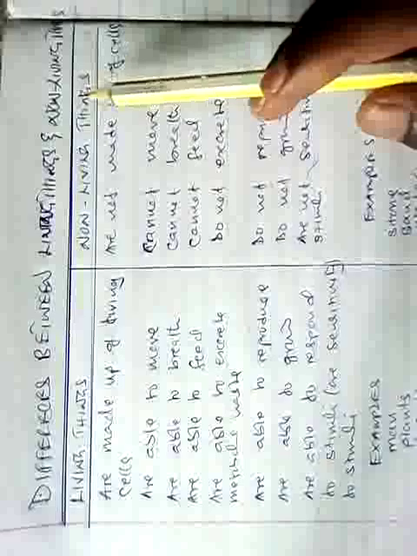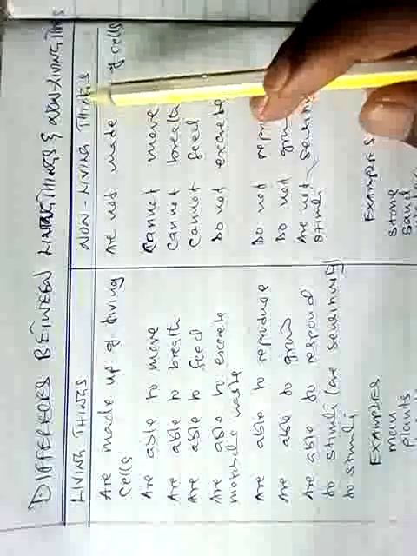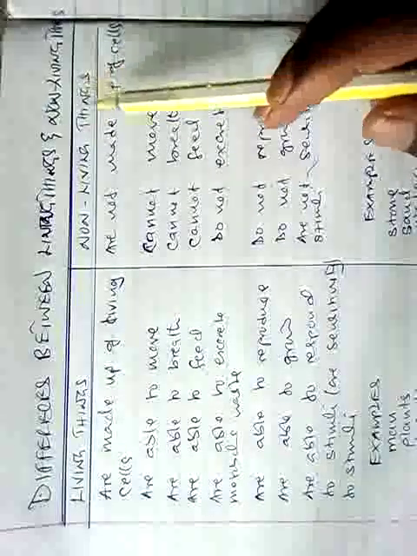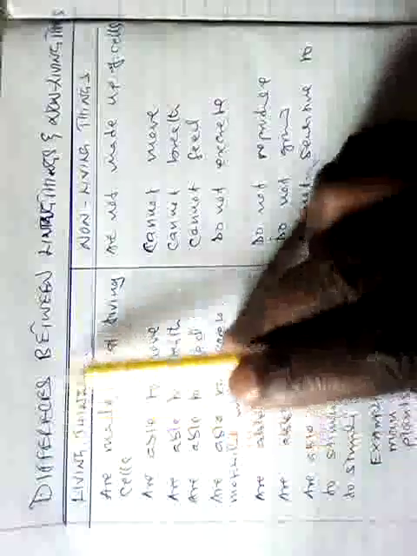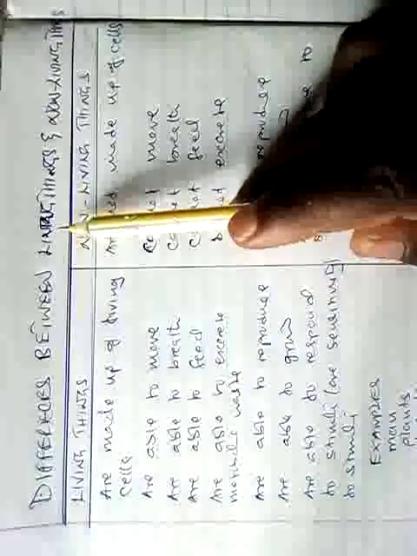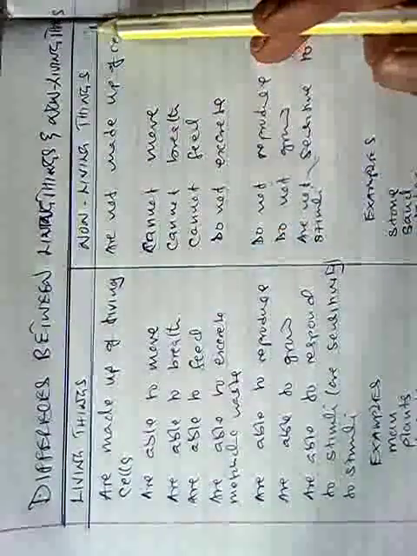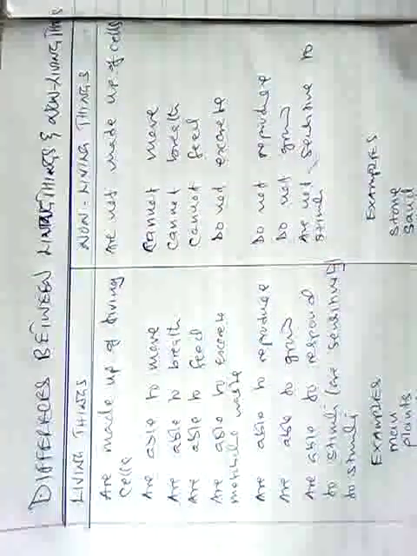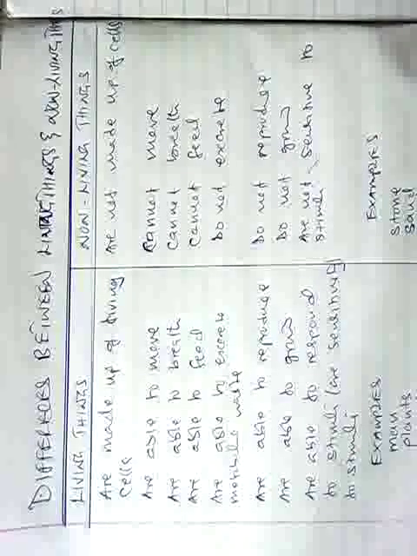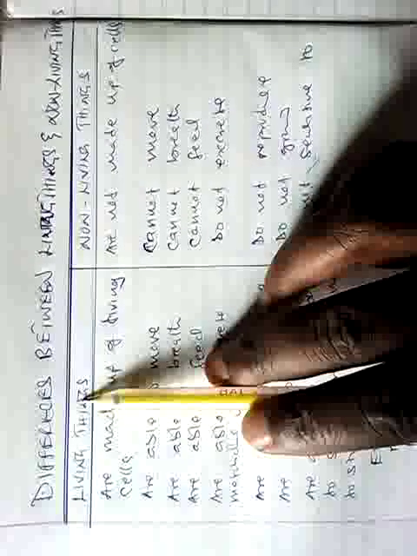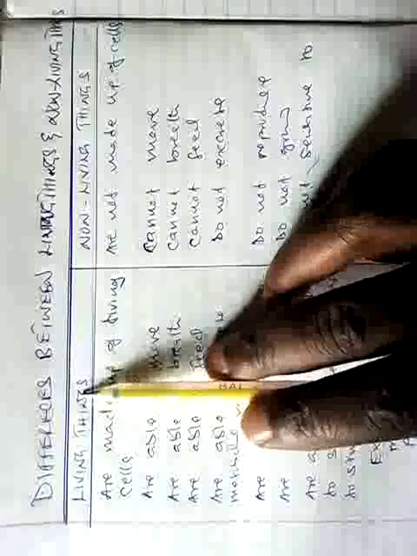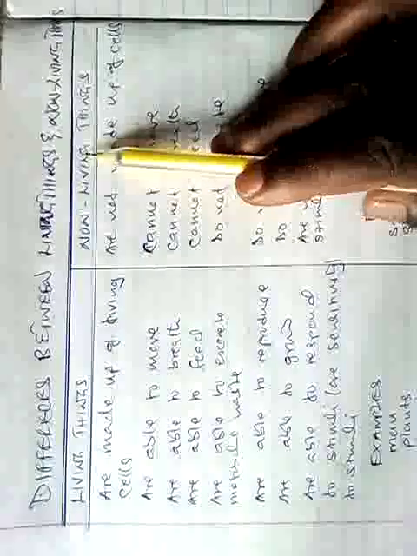So what are you supposed to do? When they say differentiate A from B, your title should be differences between A and B. That's the title. Then you draw a table like this one. You divide the table into two columns. Then on this side you put one aspect A, this side you put B. Then you start differentiating.